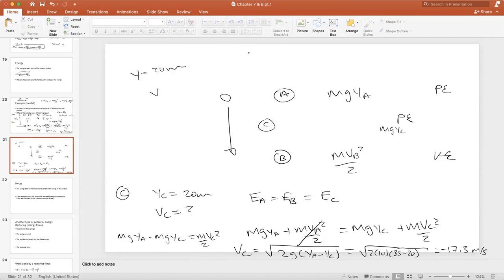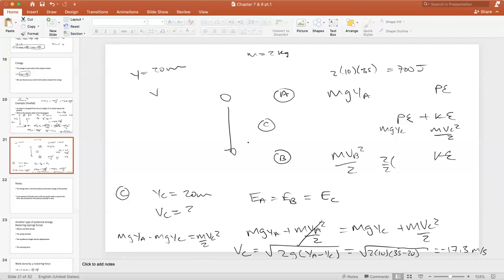Let's imagine the m is 2 kilograms. We didn't say because we didn't need it. Plus kinetic energy of mvc squared over 2. So let's actually plug in numbers here. 2 times 10 times 35, that's 700 joules. And down here, 2 over 2 times, what did we find?